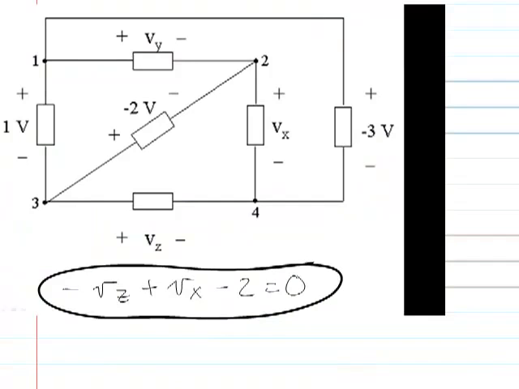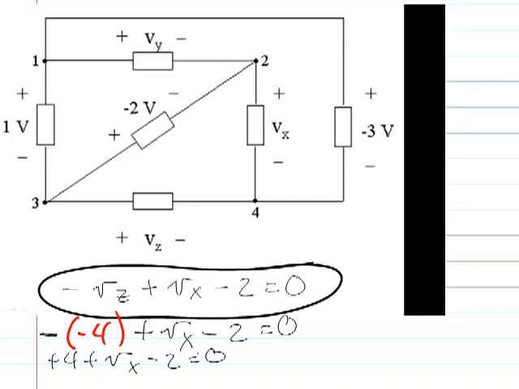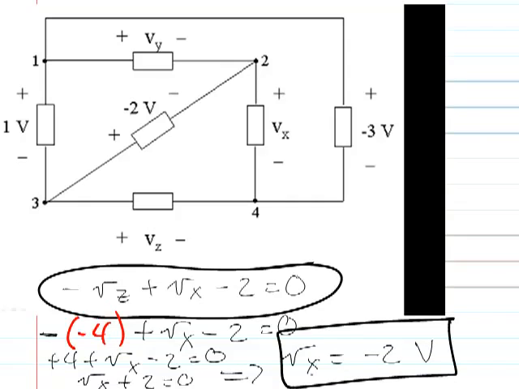We have minus, Vz is -4, so we actually have minus a -4 plus Vx minus 2 is 0. So that ends up with +4 plus Vx minus 2 is 0. So Vx plus 2 is 0. So that means that Vx is -2 volts.